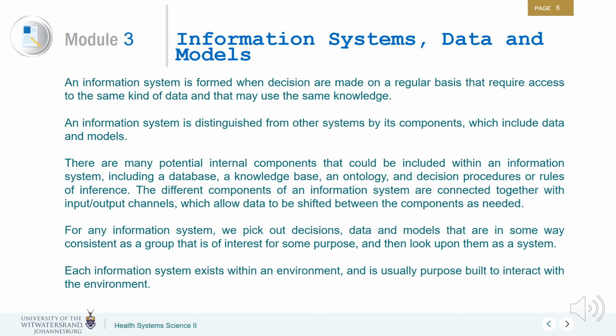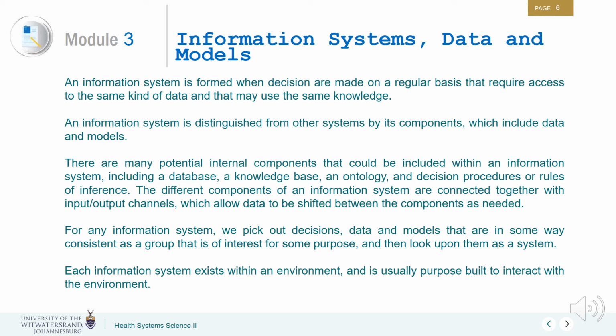So there are many potential internal components that could be included within an information system, including a database where we have different points of data being collected, a knowledge base, for example, how we will interpret that data into points of information and apply that to a knowledge base, or as we discussed last week, an ontology, or decision procedures or rules of inference.